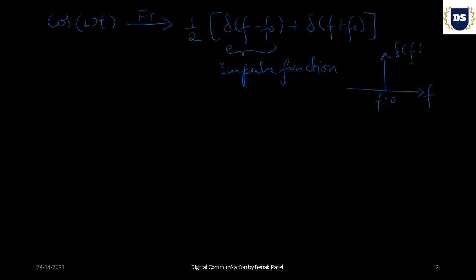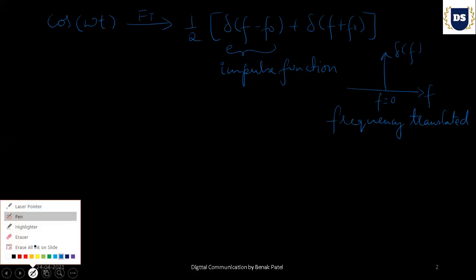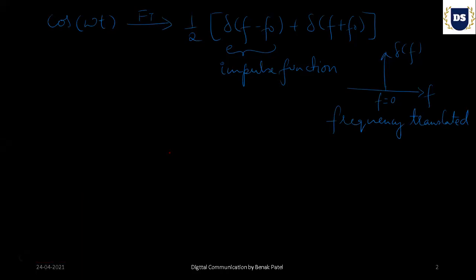But right now, am I having just f? No, I'm having one more component, which is negative f naught over here. So what does this mean? This means that it has been shifted. It has been frequency translated signal. Translation is nothing but moving the same signal.